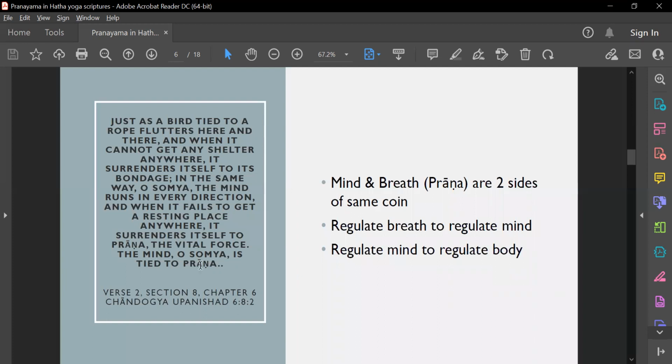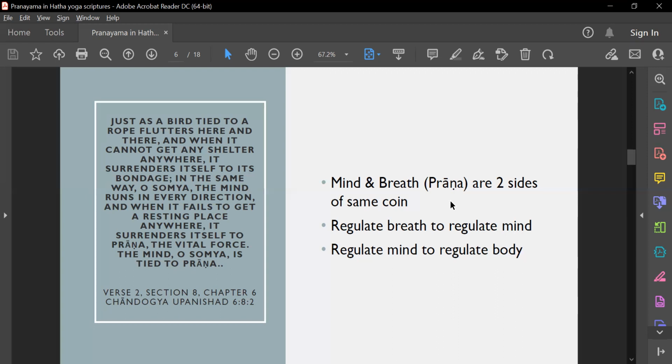It says in chapter 6, section 8, verse 2: just as a bird tied to a rope flutters here and there, and when it cannot get any shelter anywhere, it surrenders itself to its bondage, in the same way the mind runs in every direction. And when it fails to get a resting place anywhere, it surrenders itself to prana, the vital force. So essentially, the mind is tied to prana, it says.